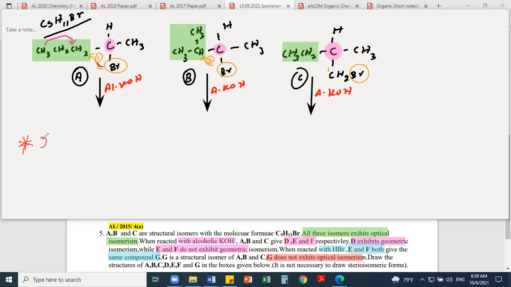What is dehydrobromination? Dehydrobromination means elimination of HBr. It's an elimination reaction.